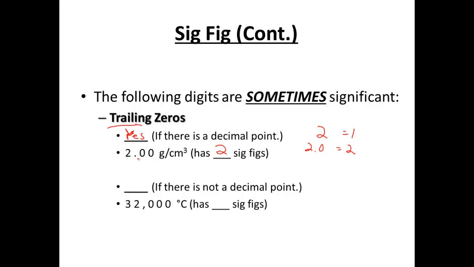However many decimals we have, if there's a decimal point, they count. No, if there is no decimal point. If something's 32,000 degrees, only the 2 digits that are given are significant. If there's no decimal point, then the trailing zeros are not significant. If we did have, say, 32,000 and then a decimal point, that would equal 5 sig figs. But with no decimal point, then we just have our 2 sig figs.